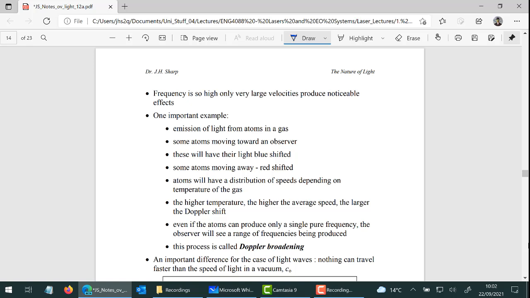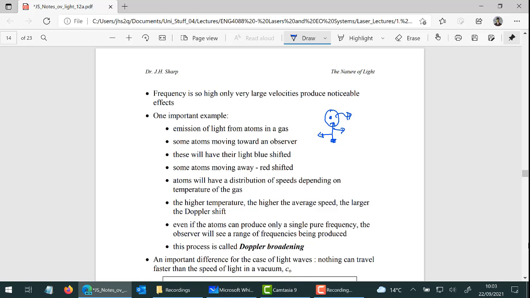Other examples where this can be useful is when we have the light coming from some particular gas, for example a fluorescence tube or a neon tube. If an atom is giving out some light and it's moving towards us, then the light will look blue shifted, and if it's moving away from us, it will look red shifted.